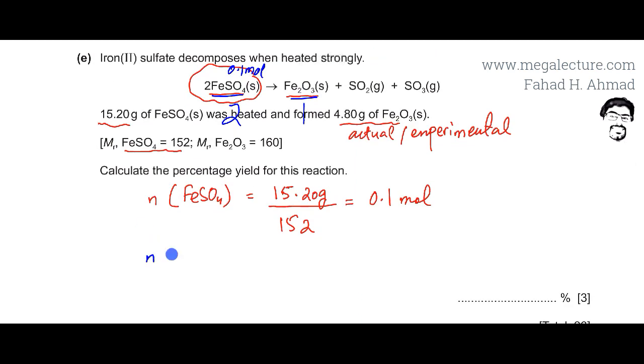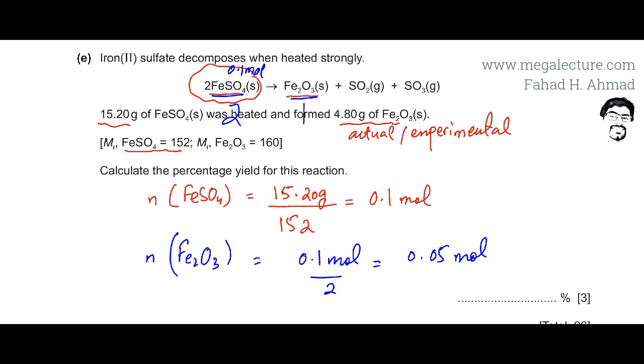So it's going to be 0.1 moles divided by 2, which should come out to be equal to 0.05 moles. So the ratio is 2 FeSO4 produce 1 Fe2O3. So the amount of Fe2O3 that should be produced is half the moles of FeSO4, which is 0.05 moles.